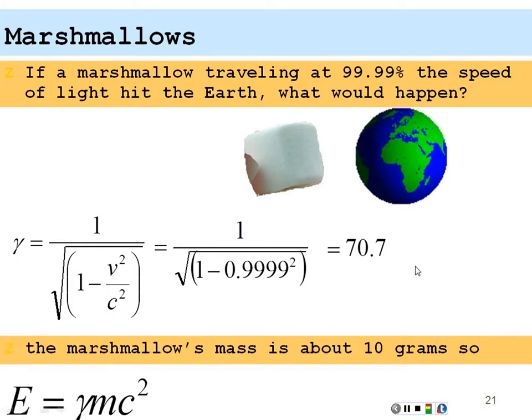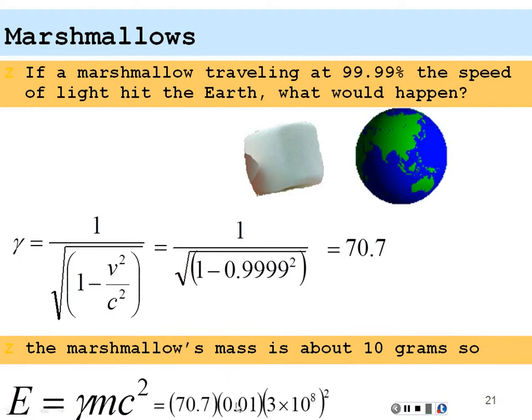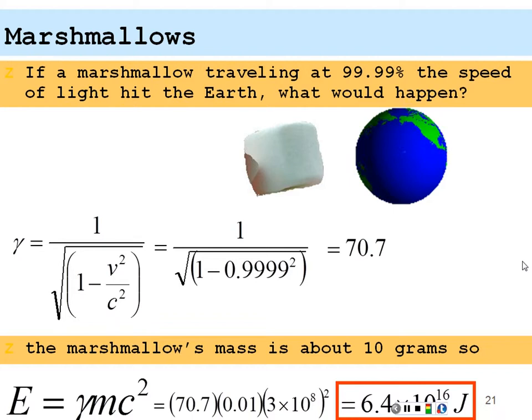So the marshmallow's energy will be equal to gamma times the rest mass times c squared. The marshmallow's mass is 10 grams, so we have gamma times 0.01 kilograms, times the speed of light squared, 3 times 10 to the 8 squared. That gives us a total energy of 6.4 times 10 to the 16 joules.